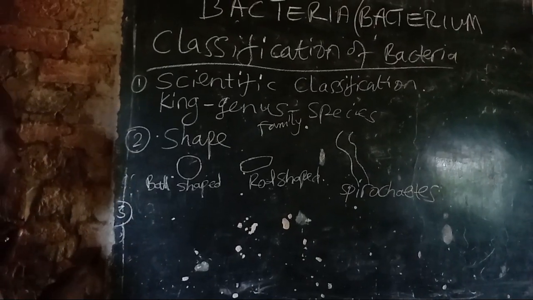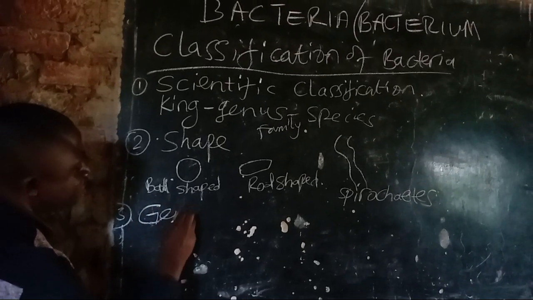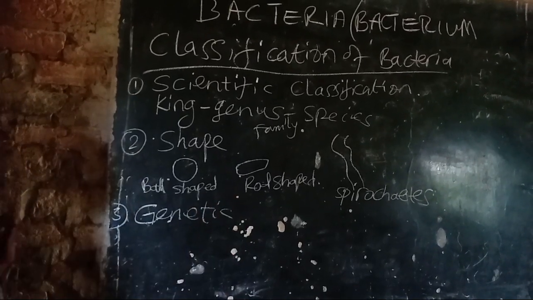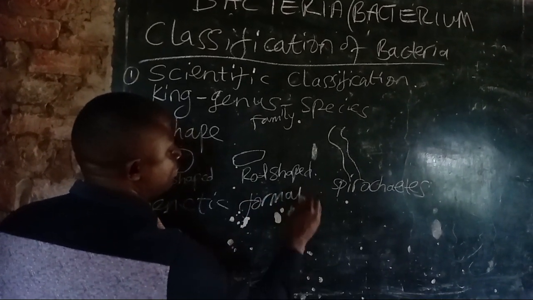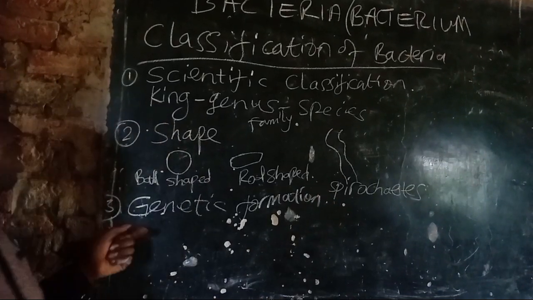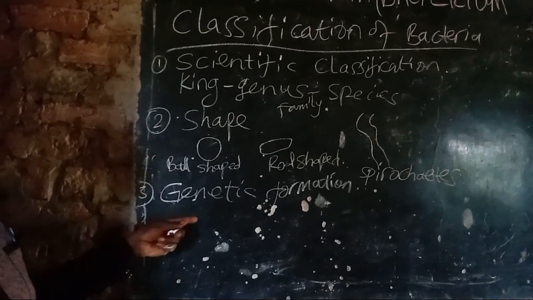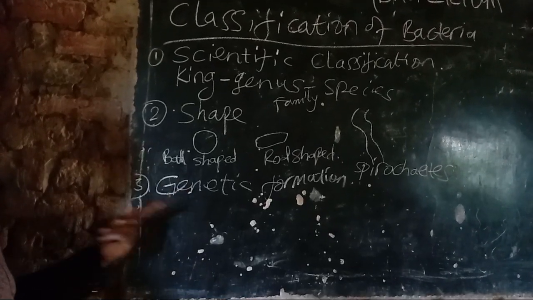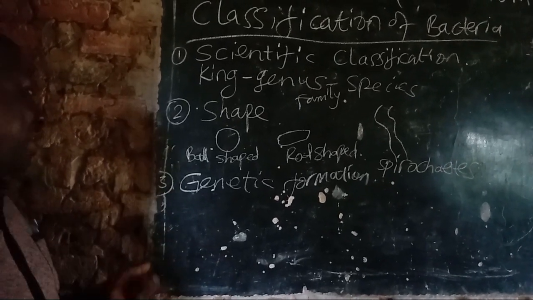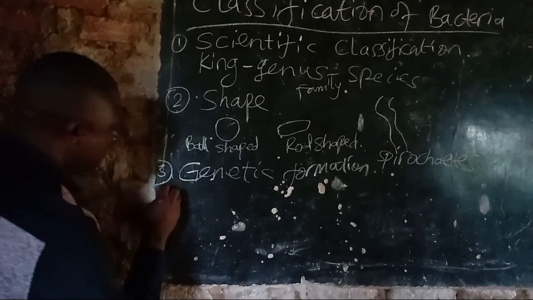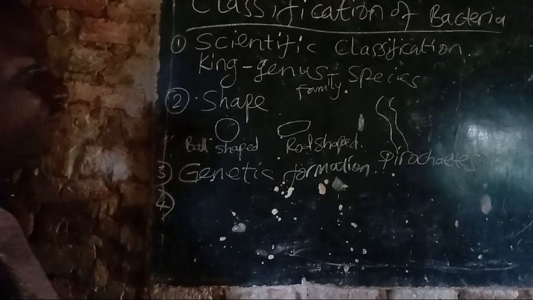The third way of classifying is by their genetic formation. Here we can do certain tests to differentiate the nature of their genetic composition, their genome. We base on their genome to differentiate bacteria. Then the fourth way of classifying is the need for oxygen.